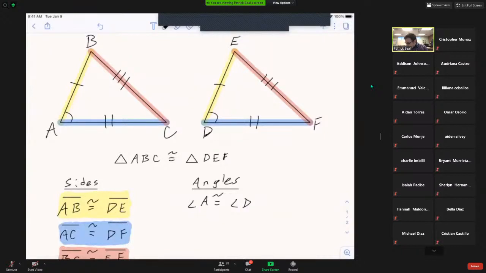So now the way that I'm going to show that differently is I'm going to use two curved lines in those angles. These curves are tricky.